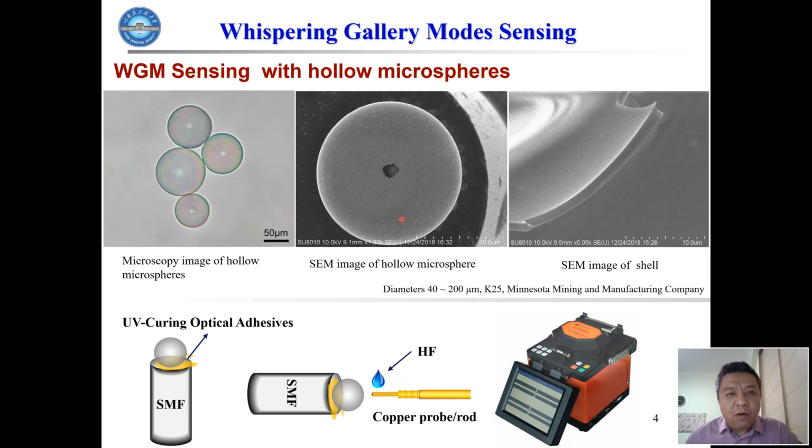The diameter of the sphere is about 50 microns, and the hole is about 5 microns. We broke the sphere to measure the thickness of the shell, and it's less than 1 micron.